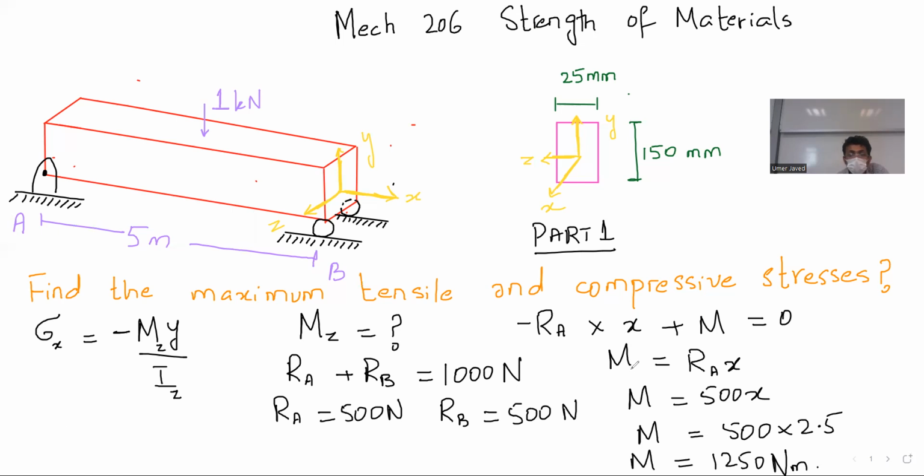This is MZ. Students who are getting confused, how do you know this is moment about Z? I will explain it like this. The beam is bending like this. Okay, horrible drawing. Hang on with me, please.